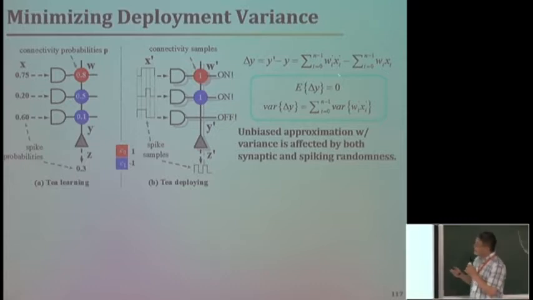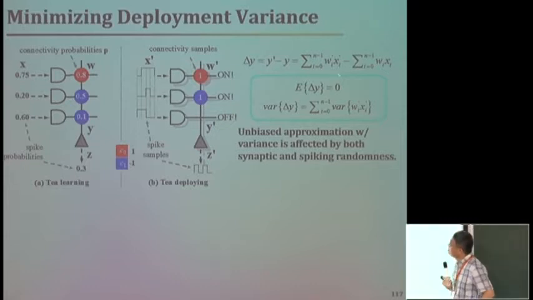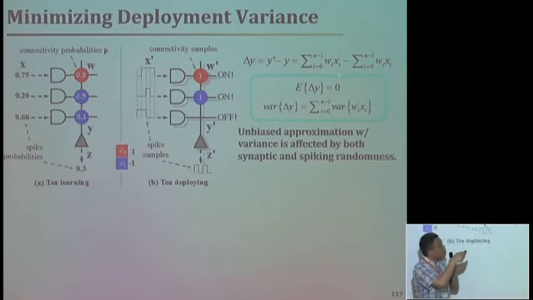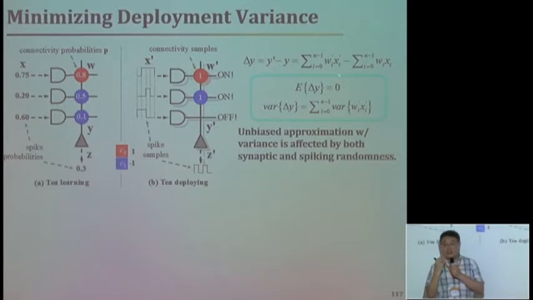The code basically says the difference between y', which is the value we receive from the output, minus the target y, equals delta y, which equals this equation.